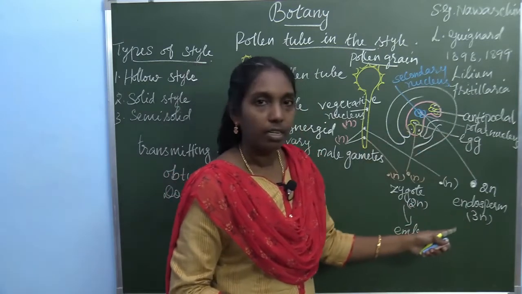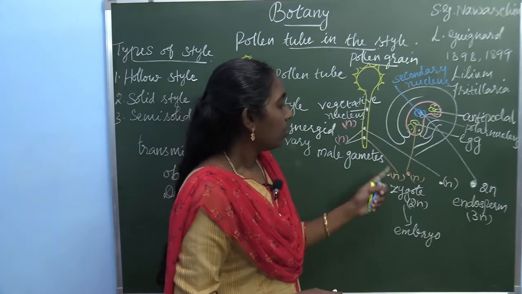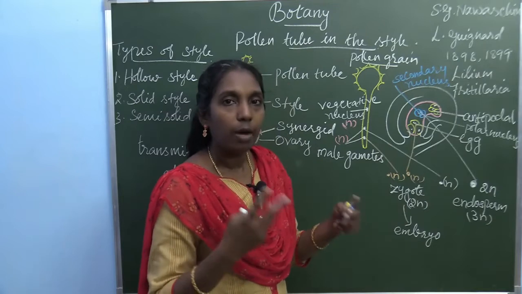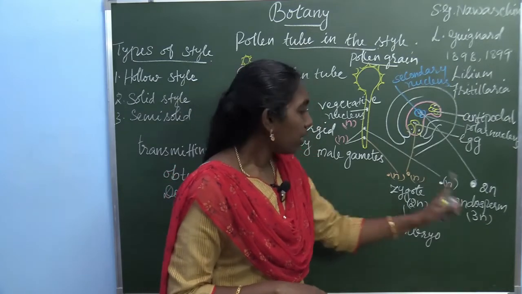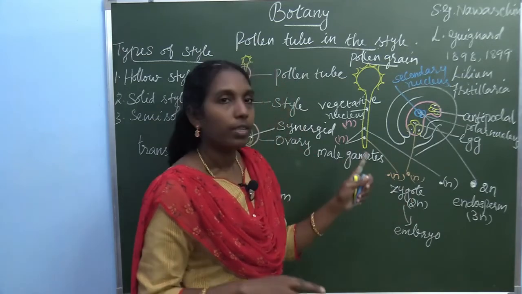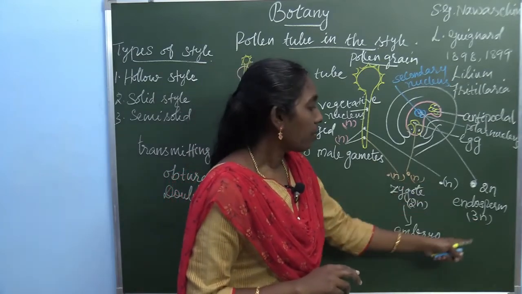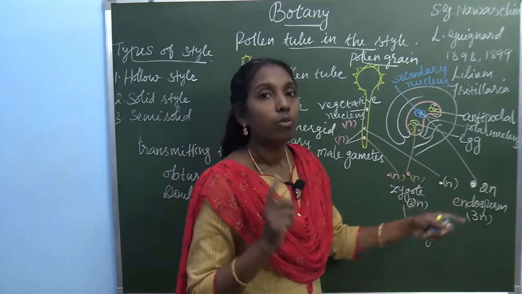Understand this very clearly, this is a one word area. Here they may ask what is the ploidy of the zygote. Zygote is haploid or diploid or triploid. Endosperm is triploid, zygote is diploid, and the male gametes are haploid. The options may be given and they may ask different types of questions on this.